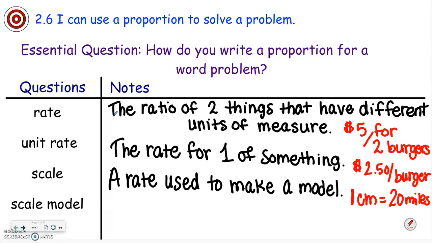And then a scale model is like a smaller version of something that's really large. So something that's too large or too small to be convenient to work with. So a scale model is a smaller or larger version of something.